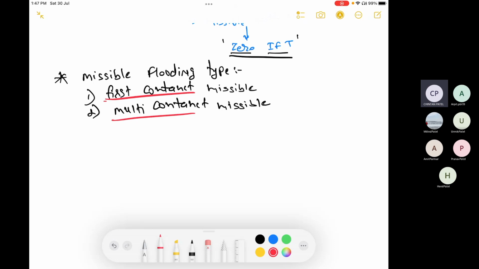We are going to study these things, but before moving to the actual methodology, I will give you an example of which solvent belongs to which method. For first contact miscible we have two substances, one is LPG and the second one is alcohol.